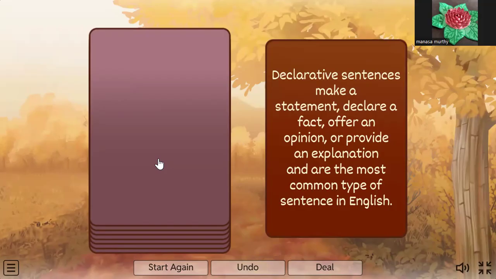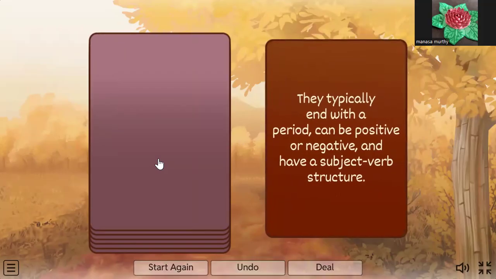We commonly use this declarative type of sentence in English. They typically end with a period and can be positive or negative, and have a subject-verb structure.